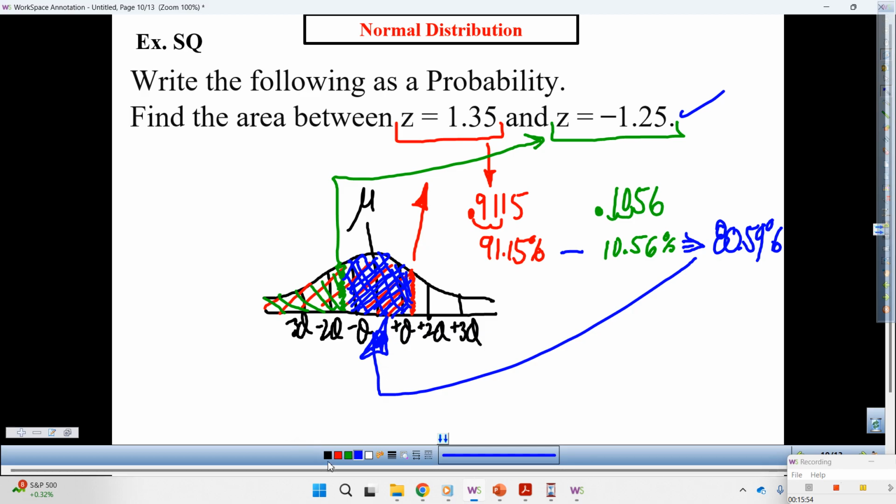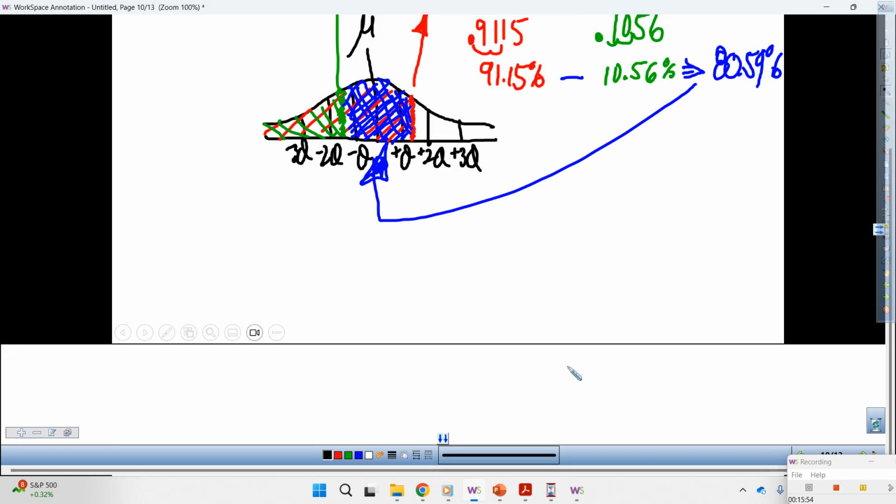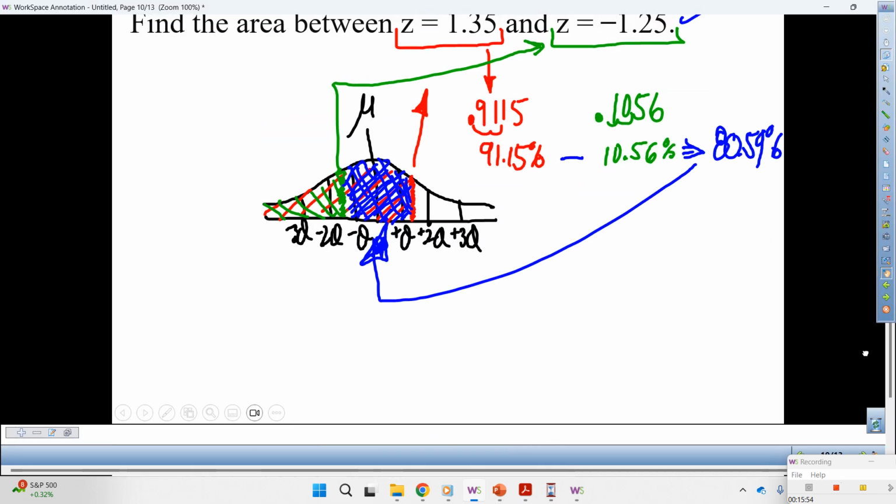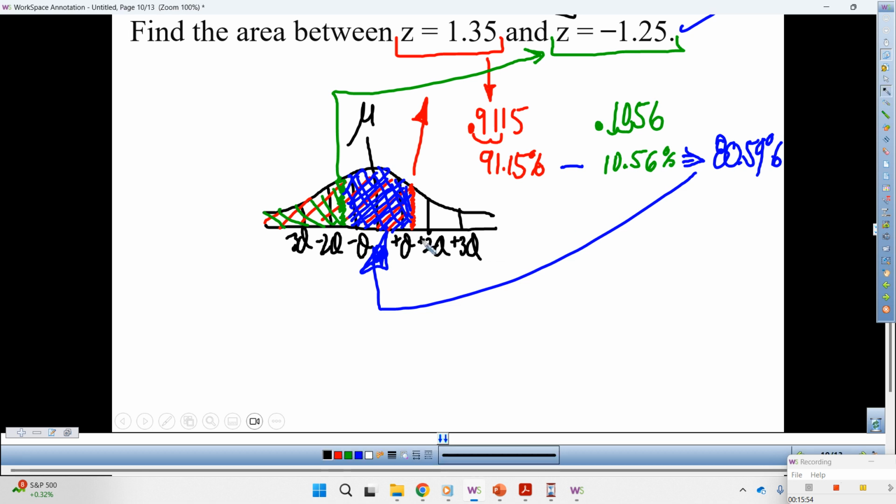However, we need to find a probability just for this section. So here, let me show you how to write that. Look up, please. So the section is from here to here. Is that correct? So this is how you write it. What is the z-score here on the far left? The z-score is negative 1.25.